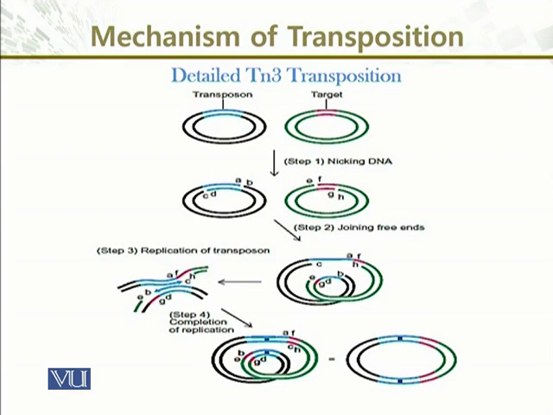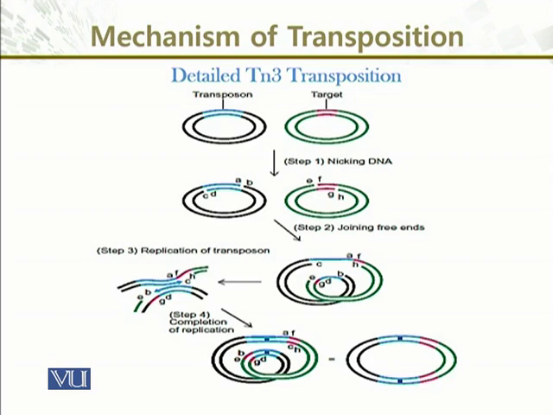Now, the detailed Tn3 transposition is demonstrated in this figure, where you can see the transposon and the target. In the first step, what happened? The DNA is nicked. As I told earlier, nick means the DNA strand is cut at the places illustrated in this figure.